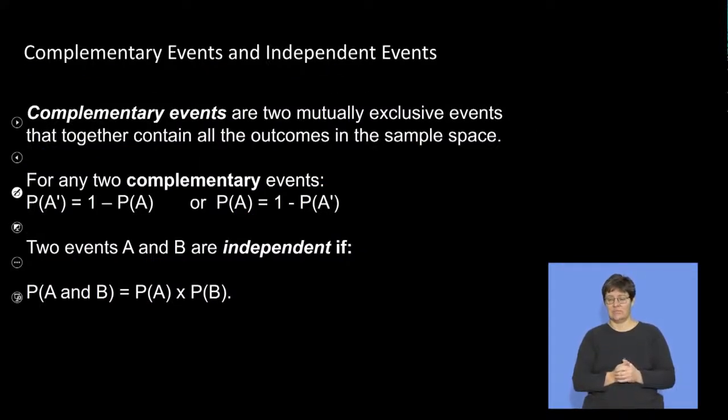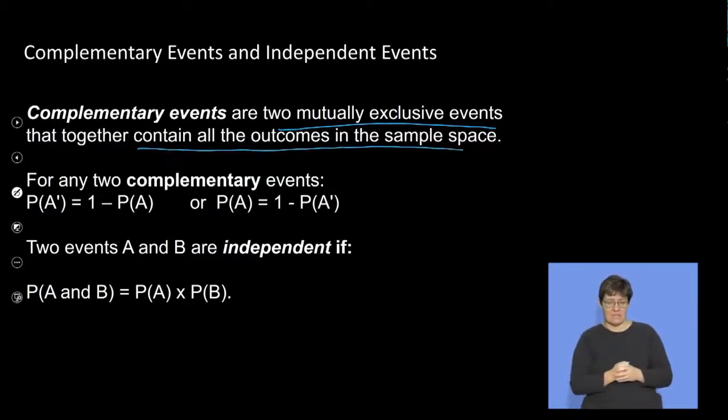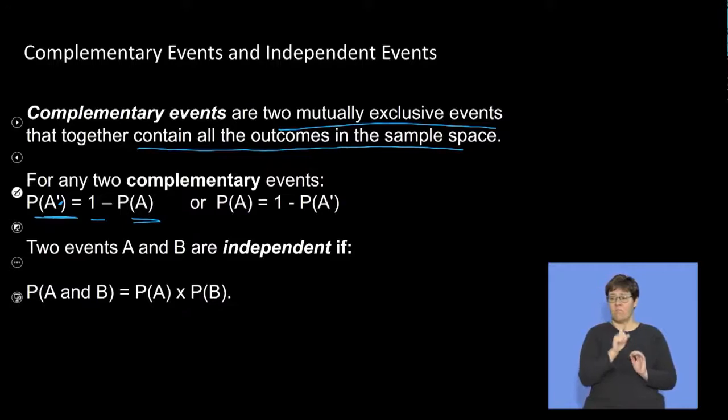And what about complementary events? Events which are mutually exclusive and together contain all outcomes in the sample space. For any two complementary events, the probability of not A is 1 minus the probability of A. Or also the probability of A is 1 minus the probability of not A. What does that mean?